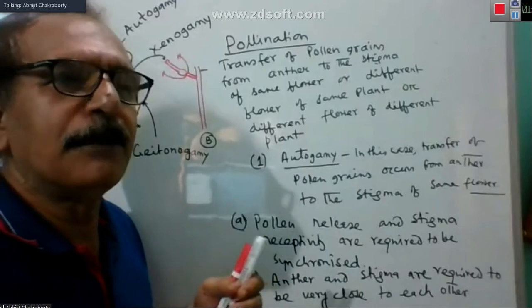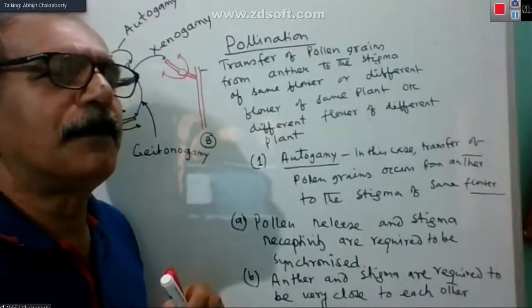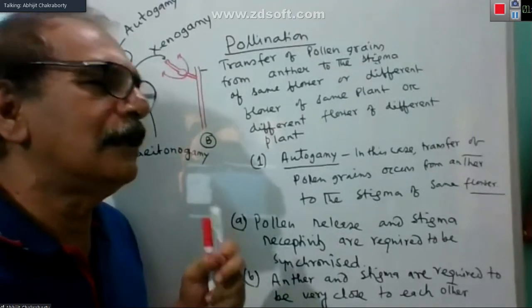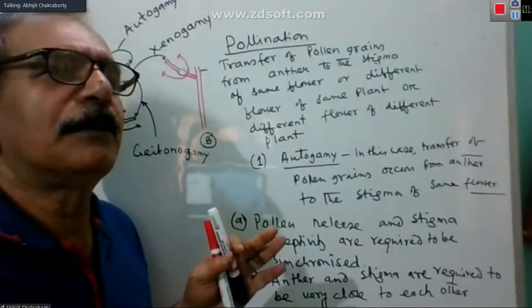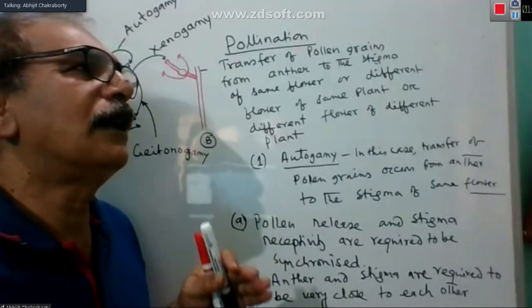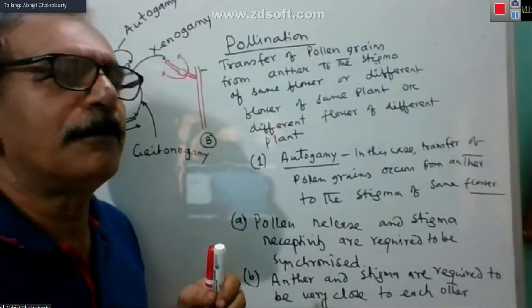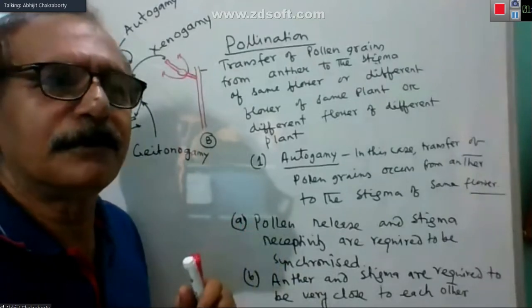That's why in this chapter you will see there are some outbreeding devices which are developed in plants to avoid autogamy, because the chance of variation is very less in case of autogamy. But sometimes when pollinators are not found, then they're forced to undergo autogamy. That's why autogamy is there also.